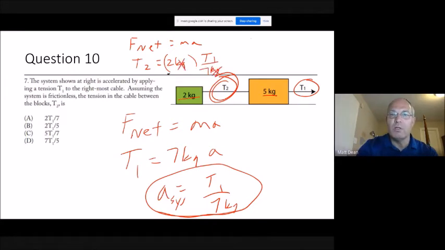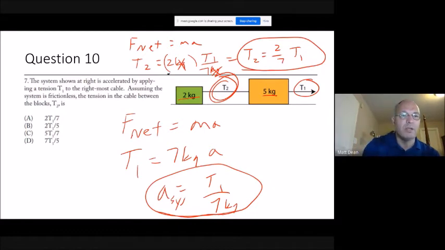Kilograms cancel, which means that T2 is equal to 2 over 7 times T1. And that looks like that is choice A. So you're going to see problems like this on the AP exam, very common basic dynamics type problems.